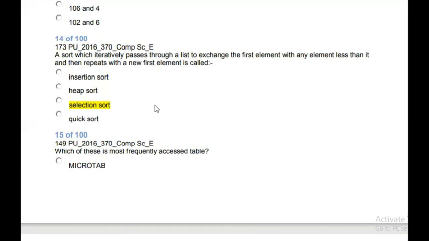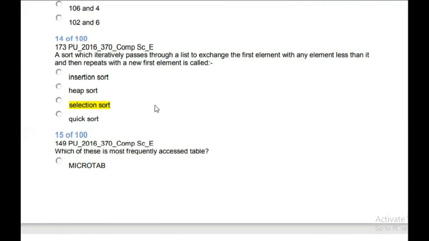We check whether the first element is smaller or the second element is smaller. If the second element is smaller, then the first element and the second element would be swapped, and again the first element is checked with the third element, fourth element, fifth element.